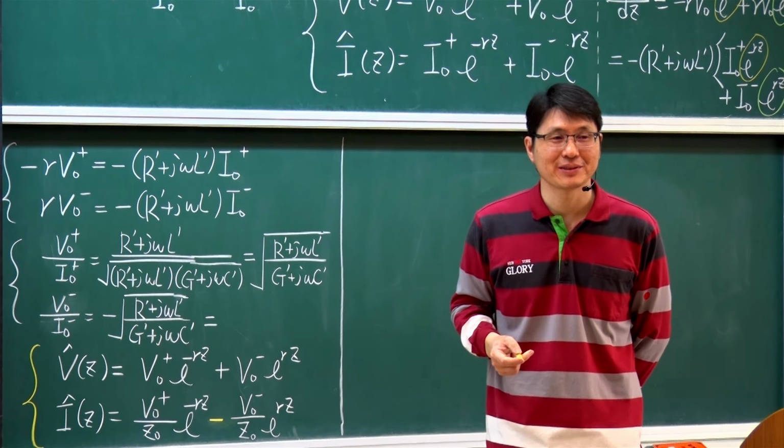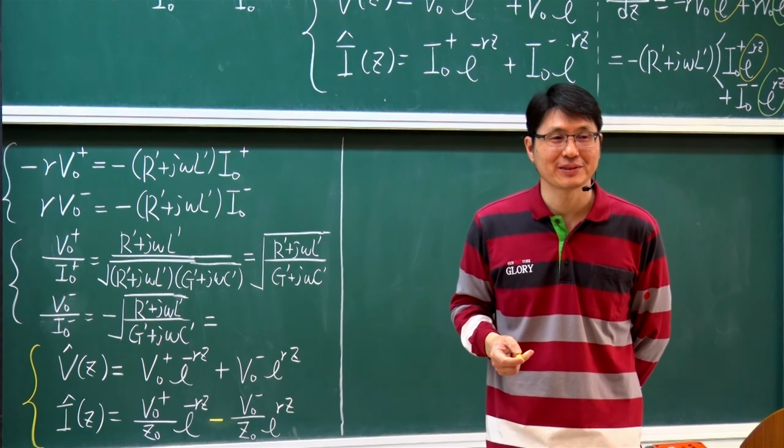So what I'm saying is, on the same transmission line, the ratio of V0 plus to I0 plus will be equal to Z0. These are also determined, provided by the transmission line.